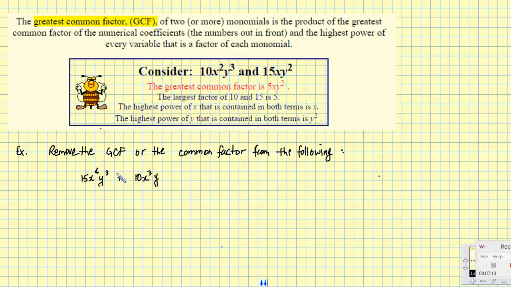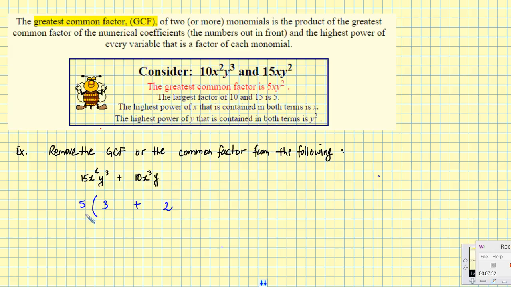We'll start looking at, for example, 15x to the power of 4 y cubed plus 10x cubed y. Taking a look at the numbers separately from the variables, the highest number that I can remove between 15 and 10 is going to be 5. So I can remove a 5: 15 divided by 5 gives me a 3, and 10 divided by 5, with a plus in between, will be 2.